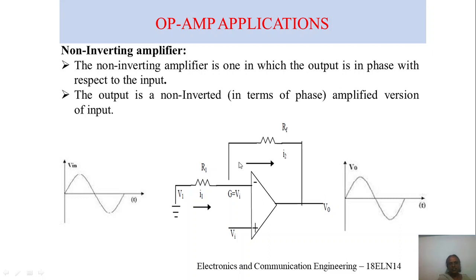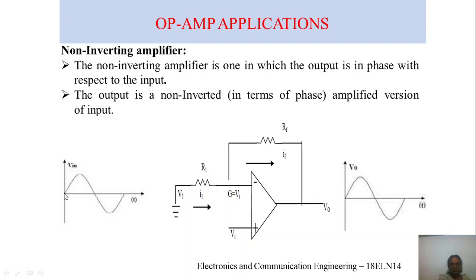In the non-inverting amplifier, an amplifier that produces an amplified signal at the output having the same phase as the input is known as a non-inverting amplifier. This simply means that for an input signal with a positive phase, the output will also be positive.